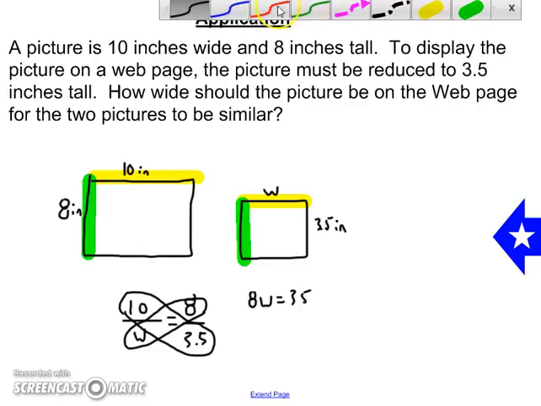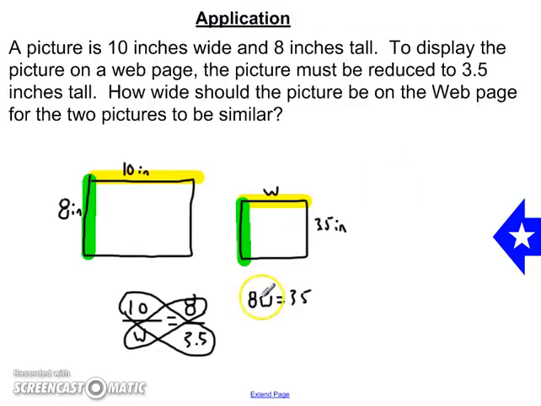We undo our multiplication of 8 times W with division, so divide both sides of this equation by 8. Oops, W. So 3.5. Again, if you have to type it into a calculator, you can do the long division off to the side. Oh, sorry, this is a decimal. So 3.5 divided by 8.